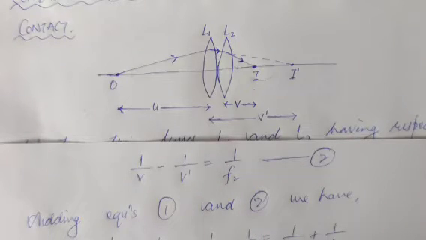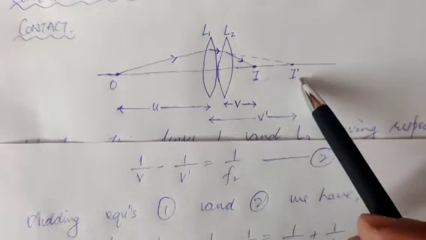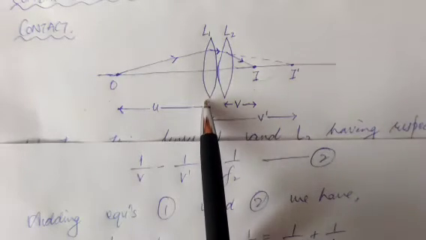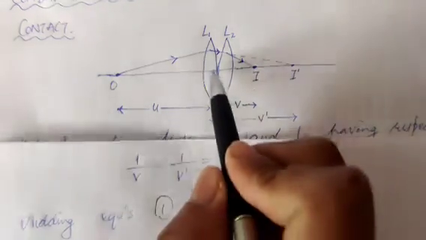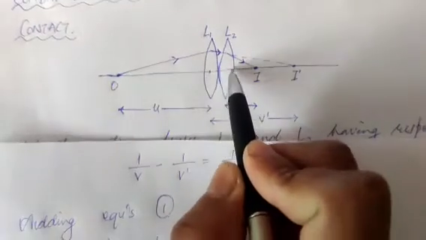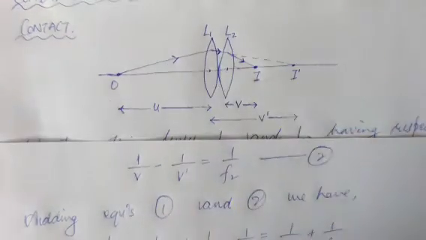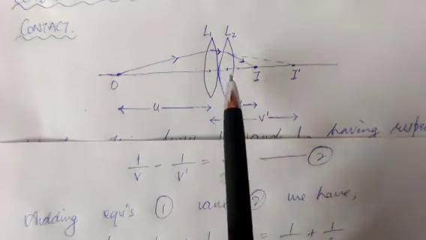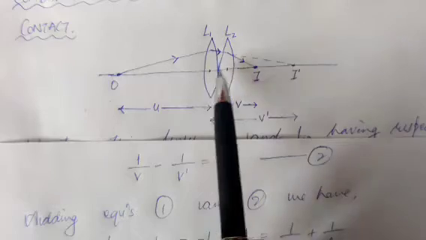second lens. Now, V dash, as you can see, is the distance of I dash measured from lens L1 actually. But here, since we are considering two thin lenses, the distance between the optical centers of the two lenses is negligible. We've neglected the distance between the two lenses since they are two thin lenses.